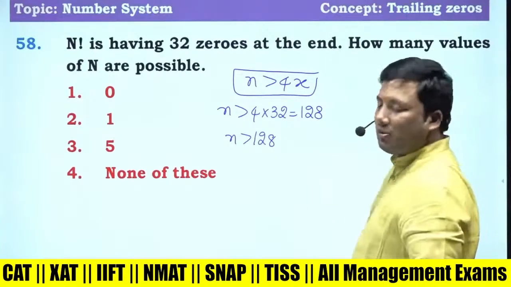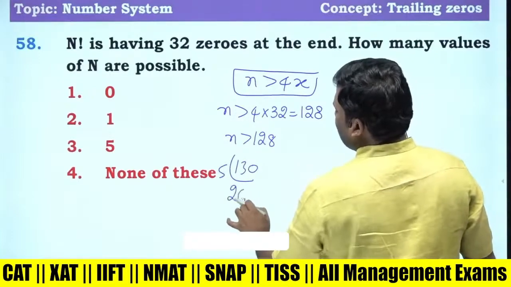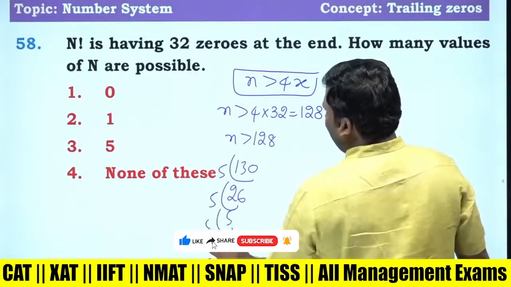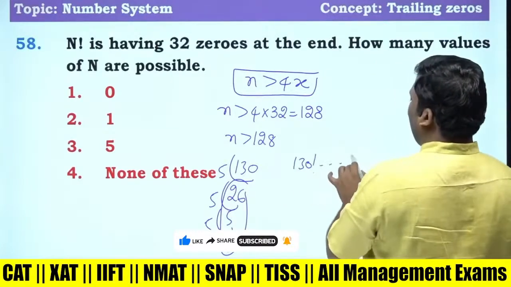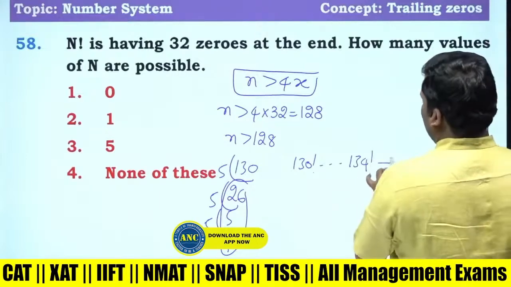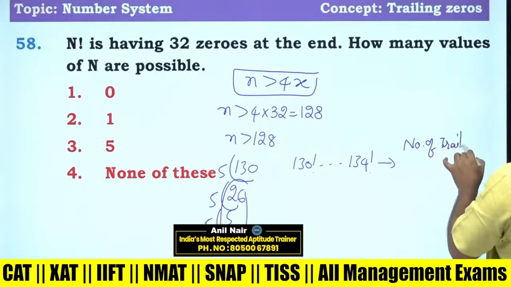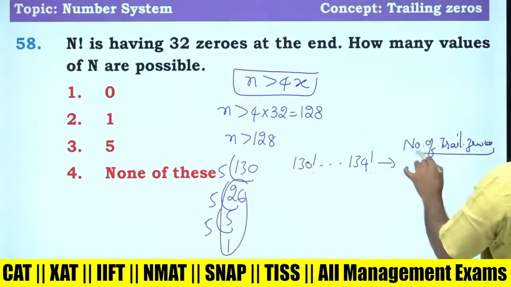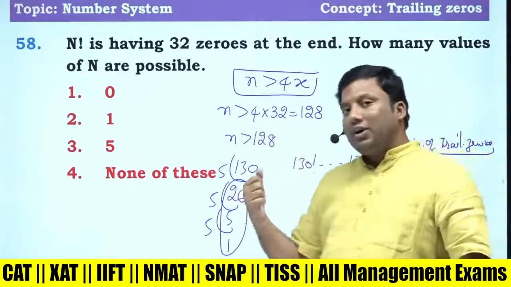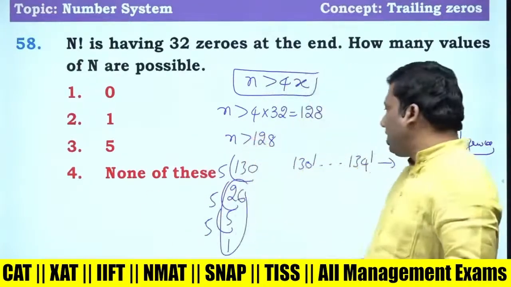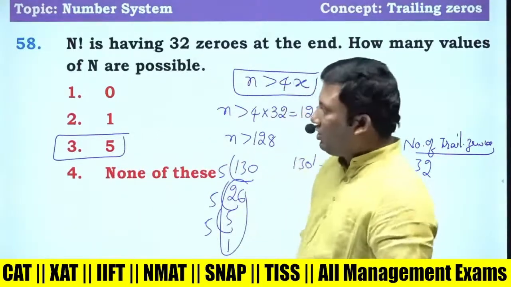Let me take the first multiple of 5 greater than 128, which is 130. 5 26s are 130, 5 1s are 26 plus 6 makes 32. So from 130 factorial till 134 factorial, the number of trailing zeros will be the same, 32. How many values can n take? 130, 131, 132, 133, 134. Answer for this question will be 5.